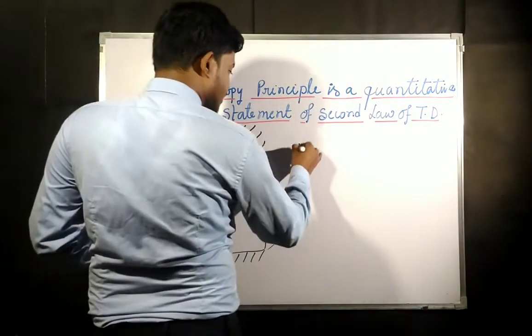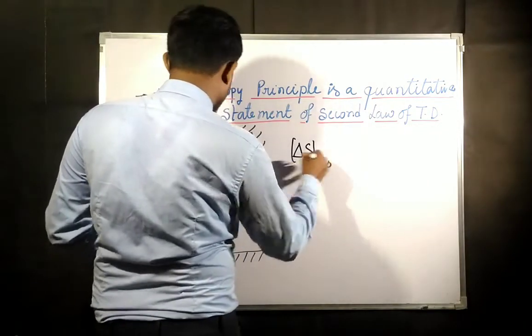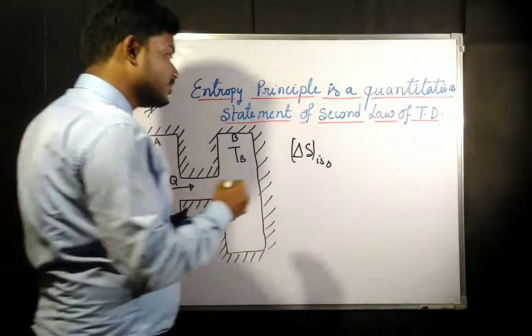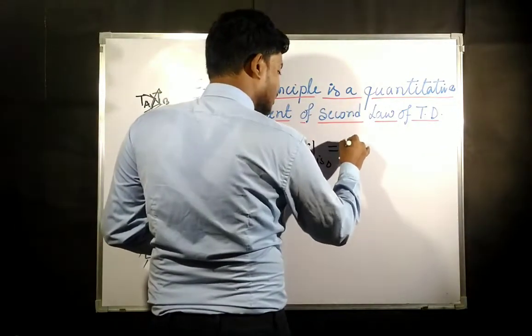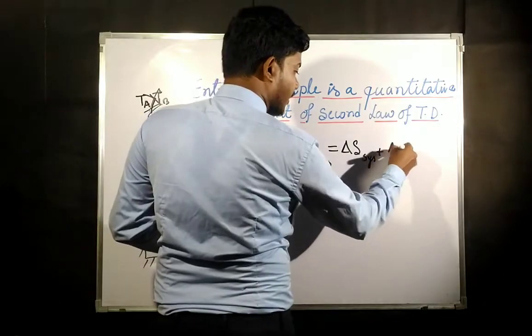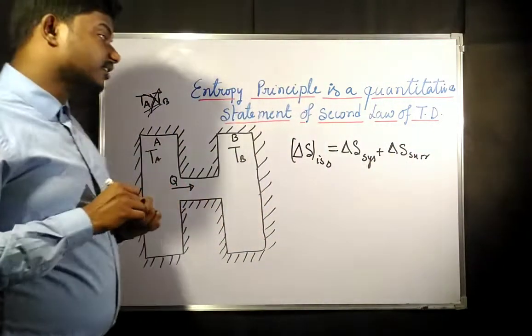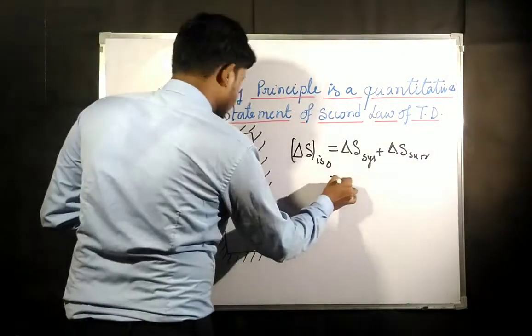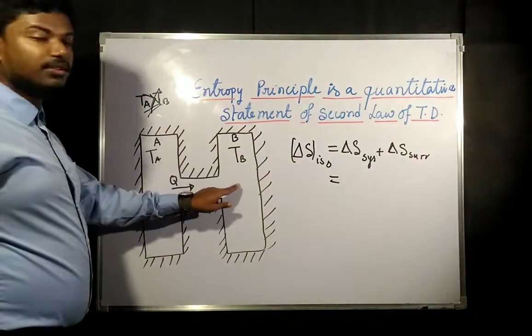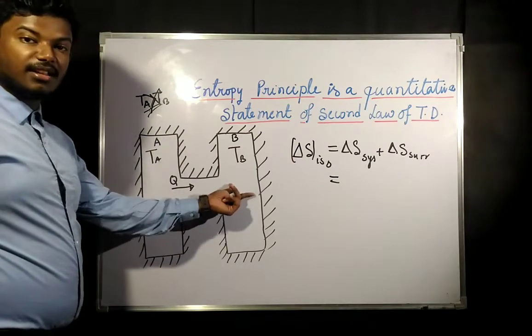The entropy change for the isolated system is going to be del S for system and del S for surrounding. This one is interacting with this one, so this must be the system and this must be the surrounding.